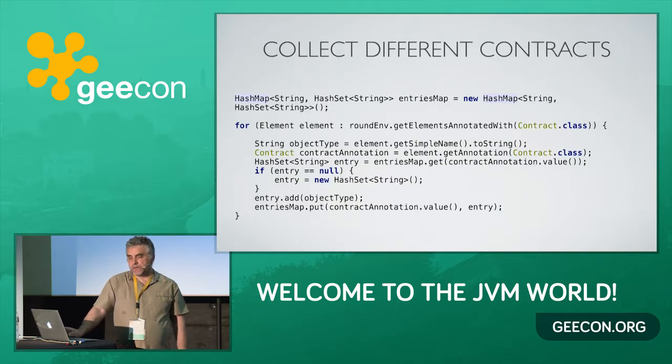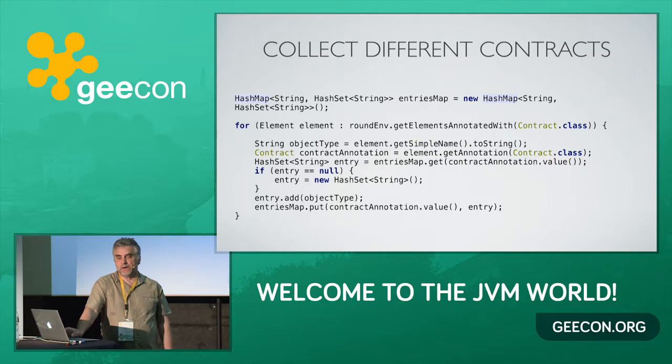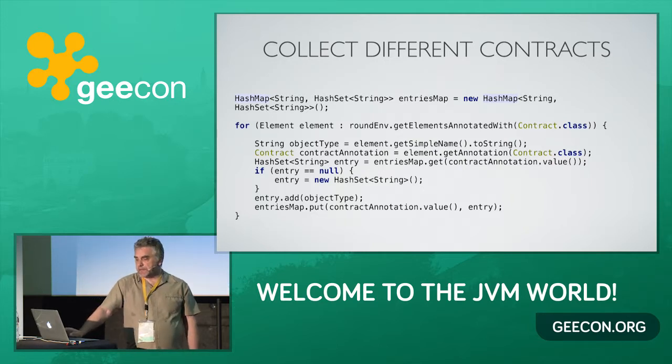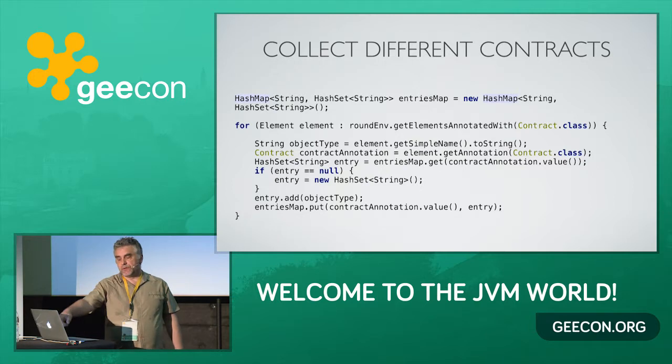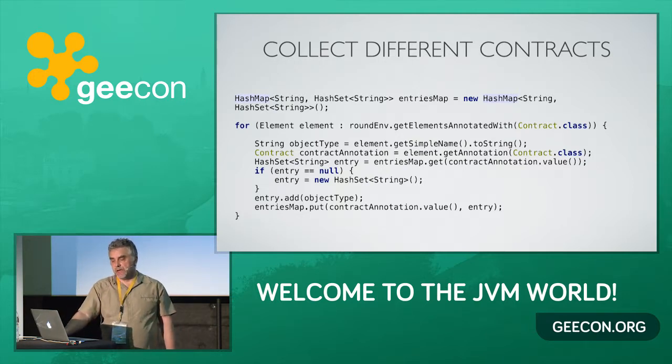So let's have a quick look at how this particular feature is implemented. We have the same method we had before, but now we do actually the real thing. We loop through those annotations of a contract class and store their values in a hash map.